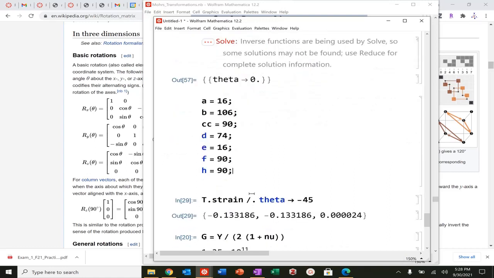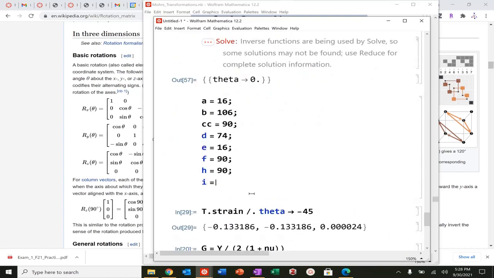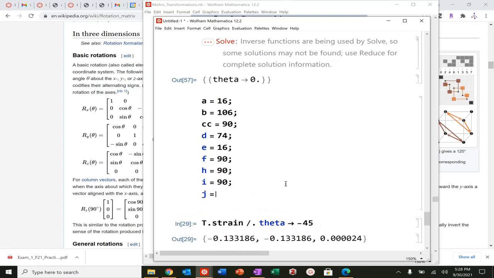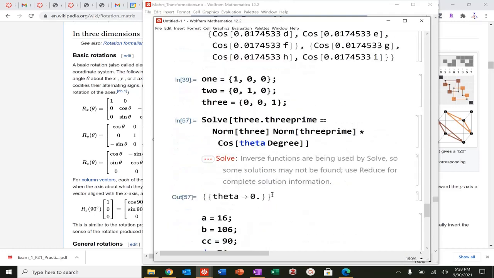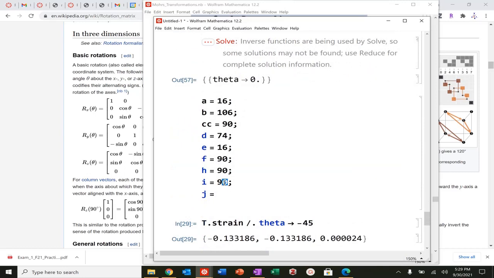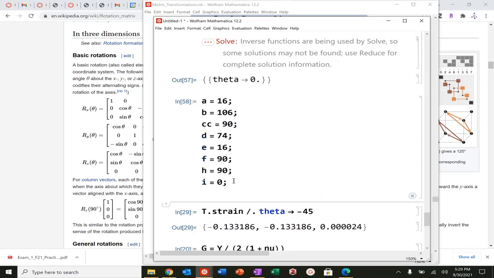So A, B, C, D, E, F, G, H, I, and then J is equal to this. Make sure there's a J here. There we go. So we've got those values.